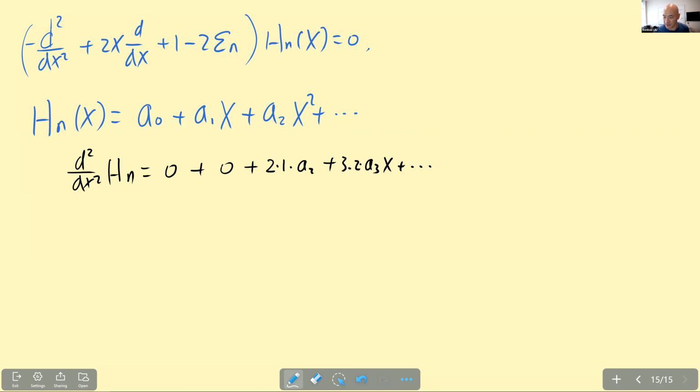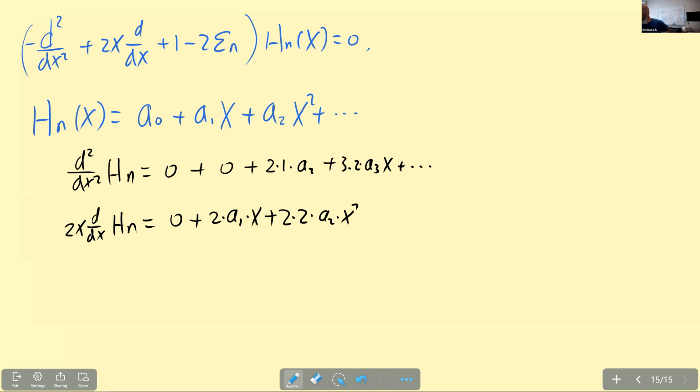And you look at the second term, that's 2x d over dx. The first one will again be 0, and the second term will be 2 times a1 times x, and then plus 2 times 2 times a2 times x squared, and so on and so forth.